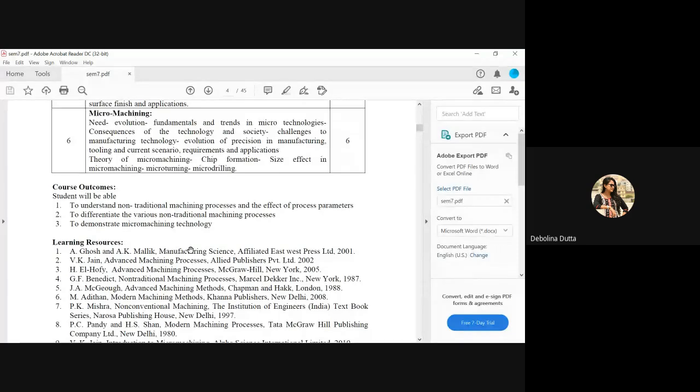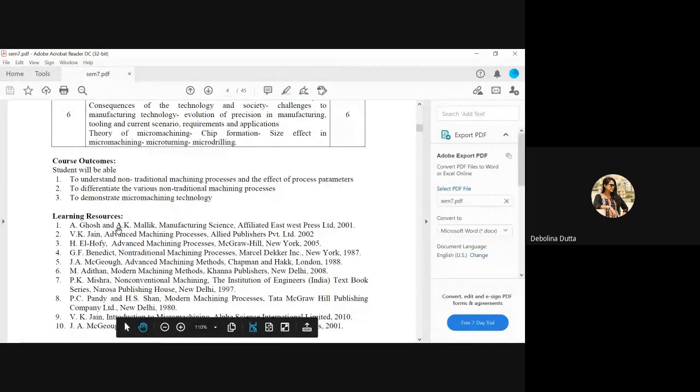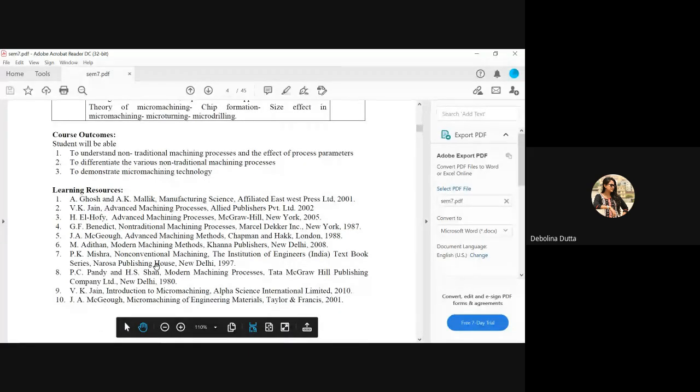Other than that you can go with the PK Mishra non-conventional machining process book. Kaushik Malik covers almost every non-conventional machining process, along with other topics. But if you only want to concentrate on the non-conventional machining processes, then PK Mishra is a very thin, slim book in red color. PK Mishra is only about non-conventional machining processes. It will probably not cost more than 200 rupees. So I can suggest these two books. Other than that, I am taking the class and will give notes in class, so it will be covered.